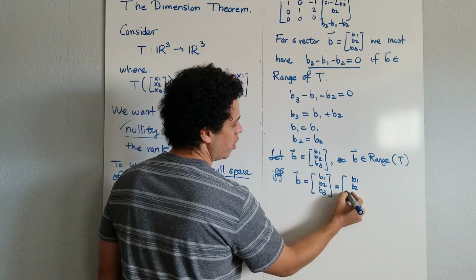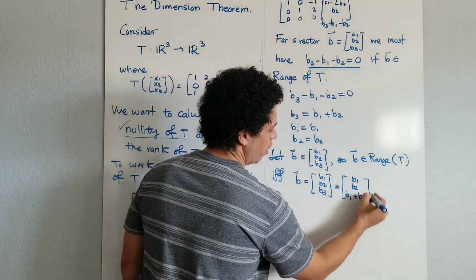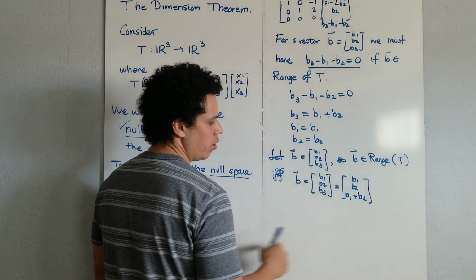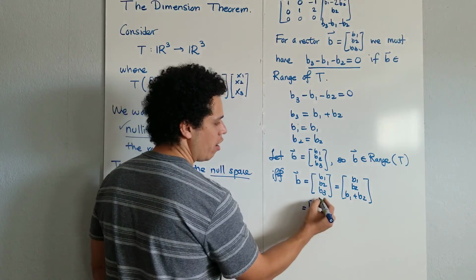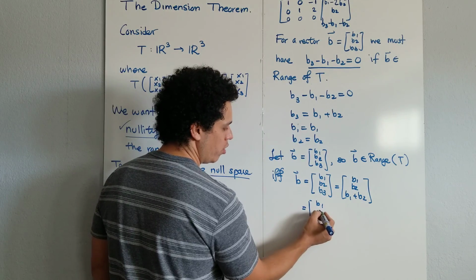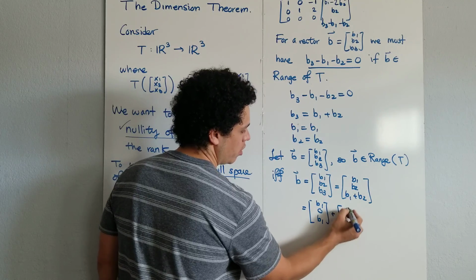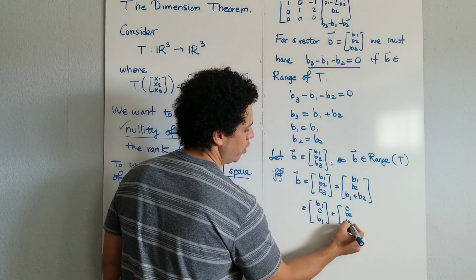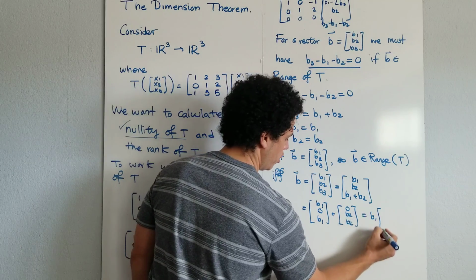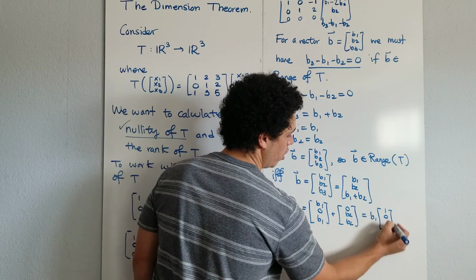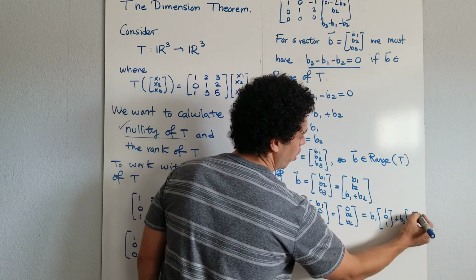Well, this is B1 plus B2. Well, but I can decompose this in the following way. I have B1, 0, B1 plus 0, B2, B2. Further decompose it as B1 times (1, 0, 1) plus B2 times (0, 1, 1).